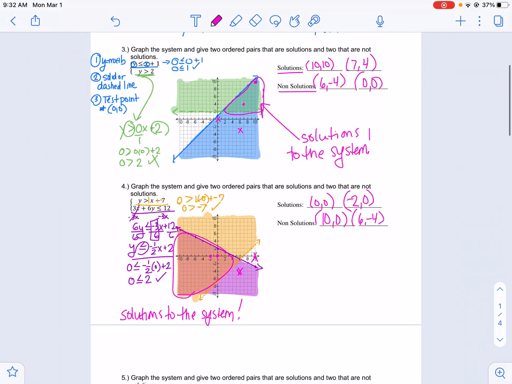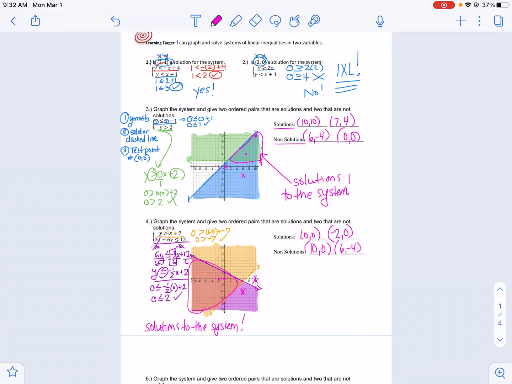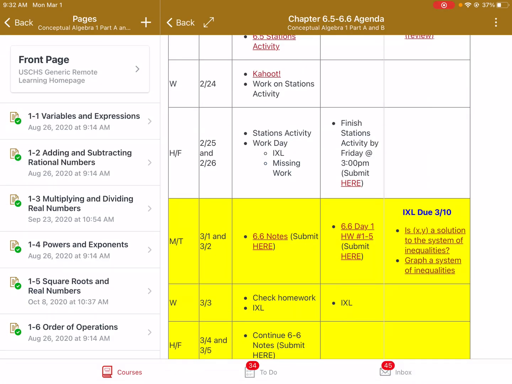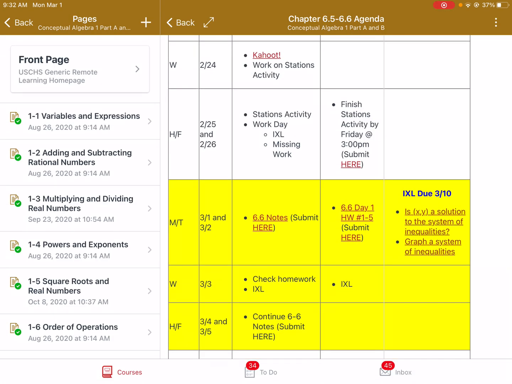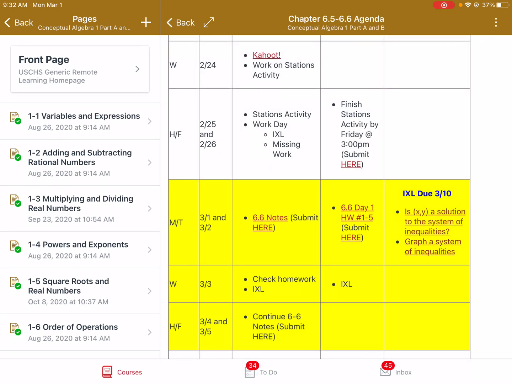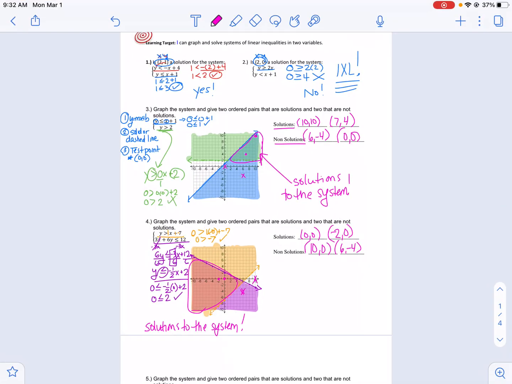So now it's time for you to turn these notes in to Canvas, where I have 6 notes submit here. Please turn these notes in. The assignment is named 6 notes from 3-1 and 3-2, meaning March 1st and March 2nd. And then it's time for you to work on your homework.